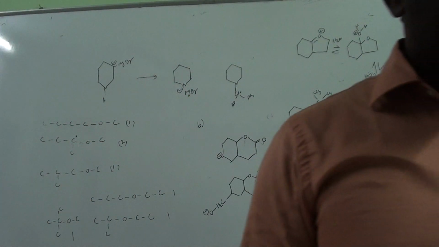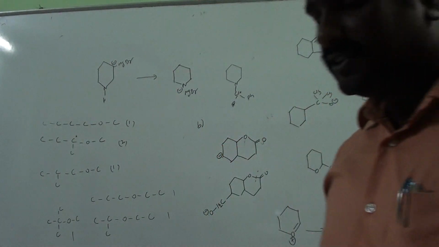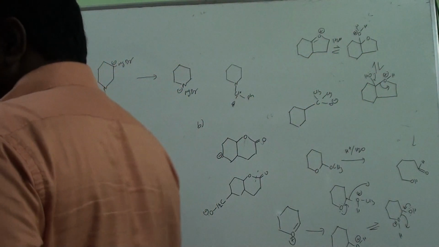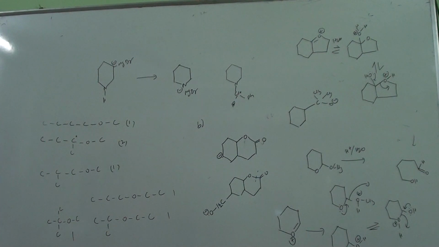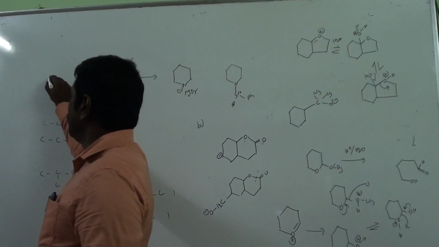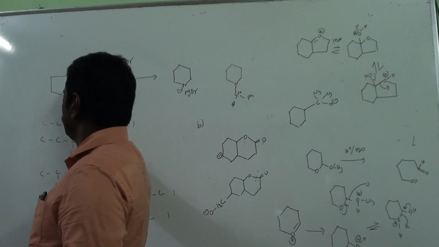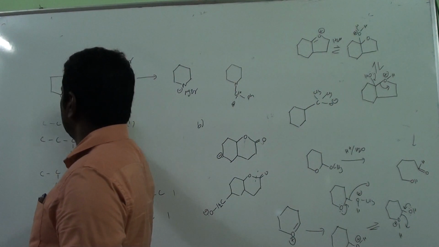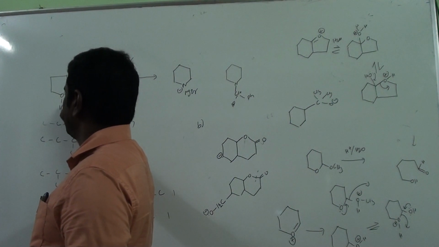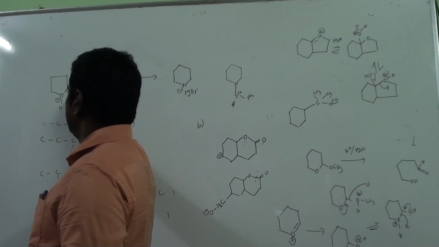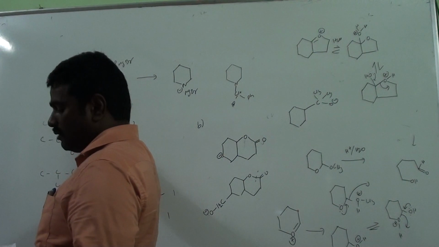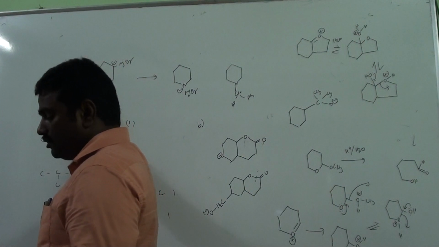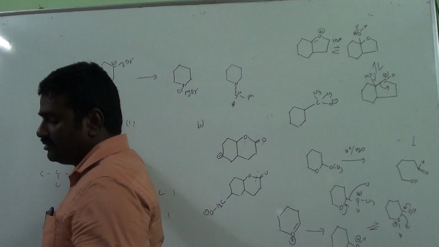So C, HI. What will the mechanism be? Tertiary, so SN1 mechanism, right? So C is true. Correct or not? You have an ether like this, O and CH3. When you treat with HI, first it protonates, so what carbocation do you get? It's a secondary, right?